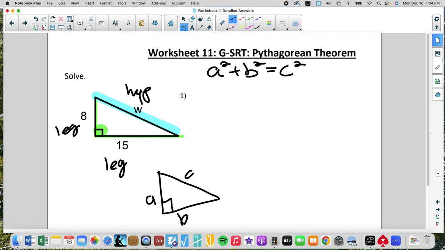Interesting. So now we fill in the information. One of the legs is 8, the other leg is 15, and it should equal the hypotenuse, which is now W in this example. So 8 squared is 64, 15 squared is 225.